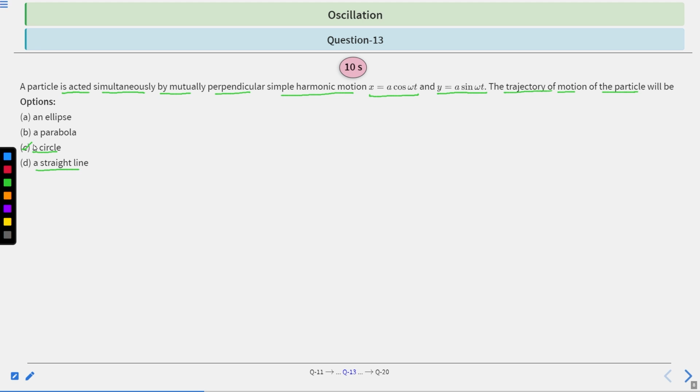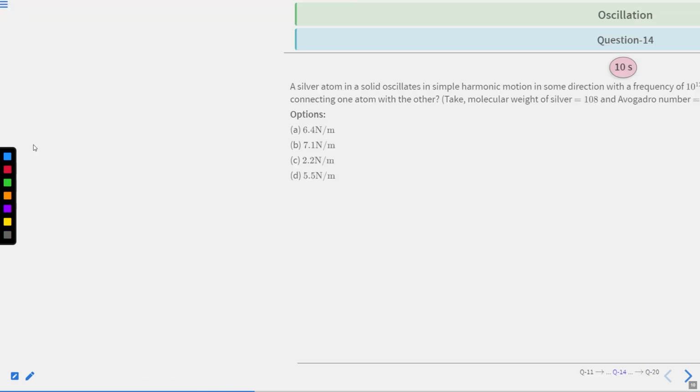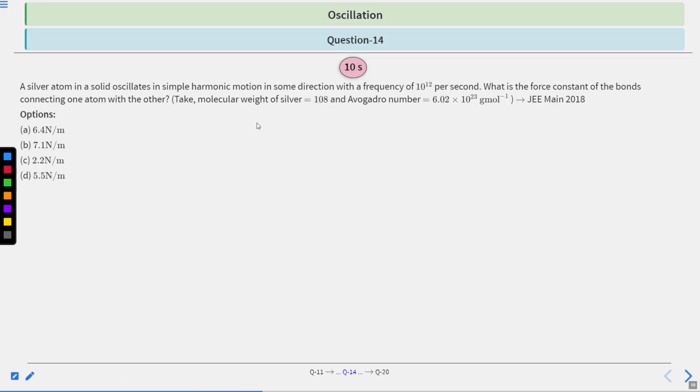Next question, question 14. A silver atom in a solid oscillates in simple harmonic motion in some direction with frequency 10 raised to the power 12 per second.